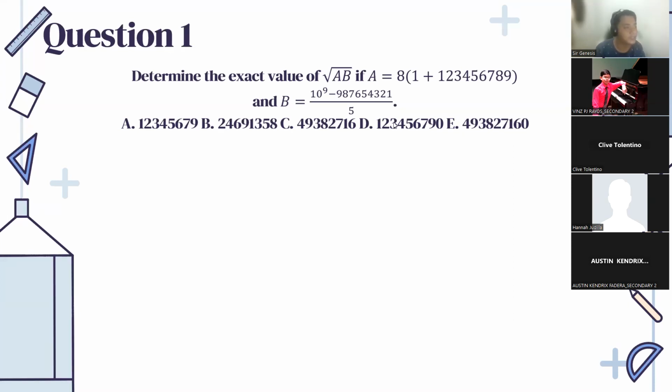We have these five choices here, which are so long to read, so let's just proceed to the solution.